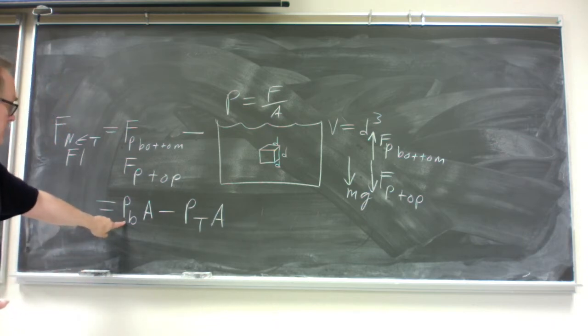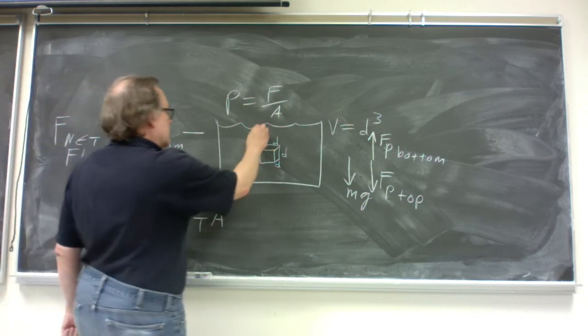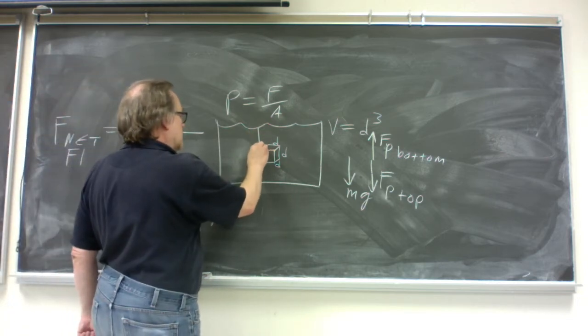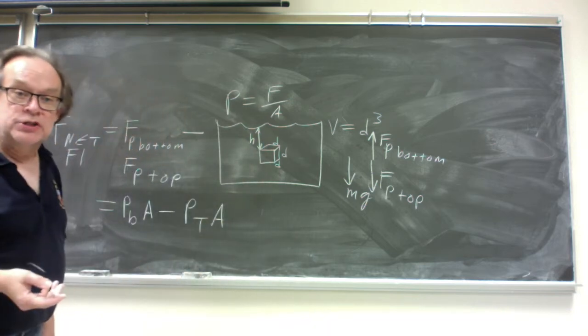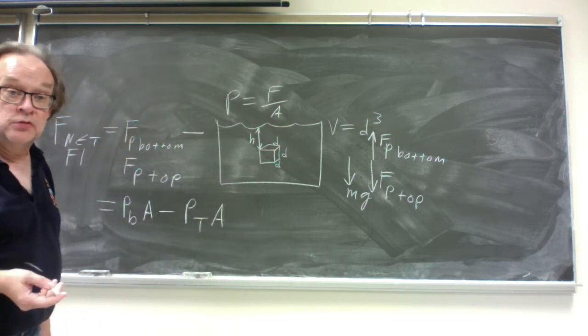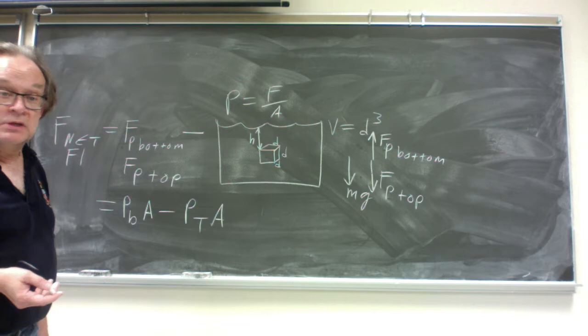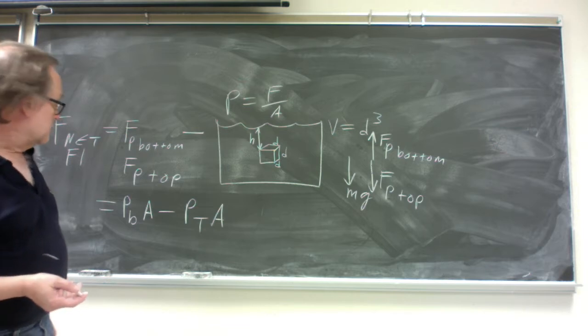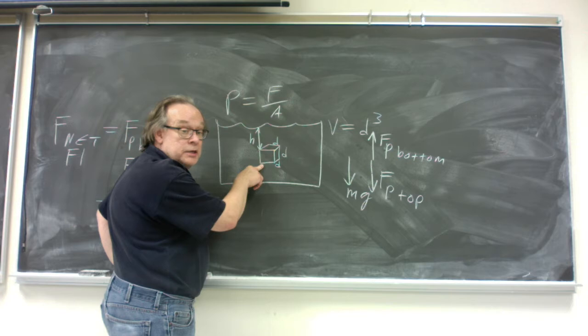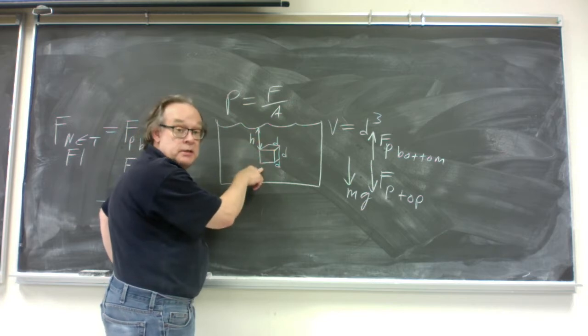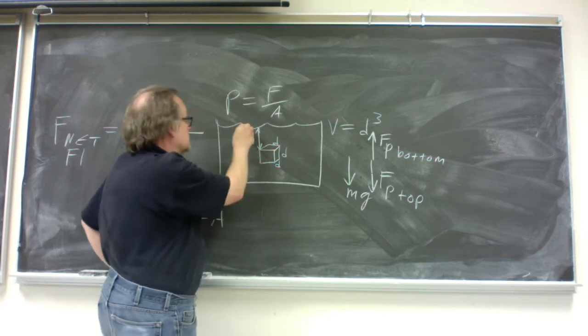Now let's think about this pressure on the bottom. Let's say the top is a distance h meters below the surface, h meters into the fluid, and then of course the bottom surface here would then be at a distance h plus d below the surface.